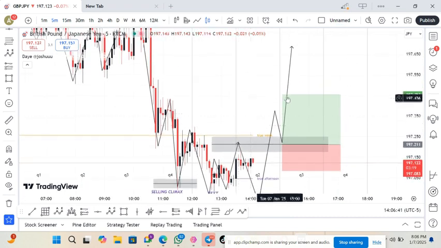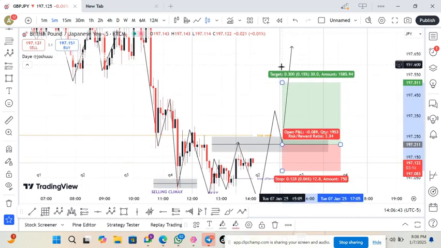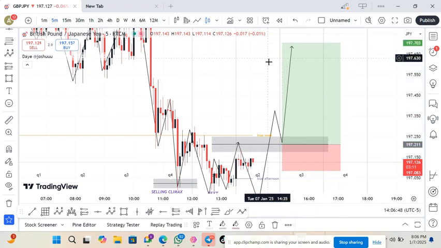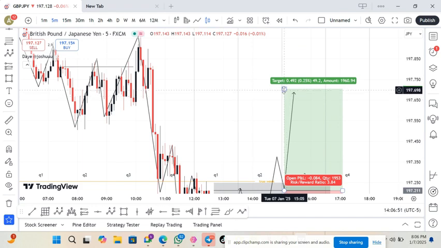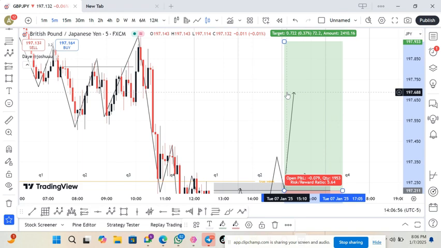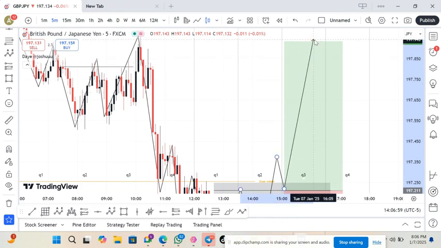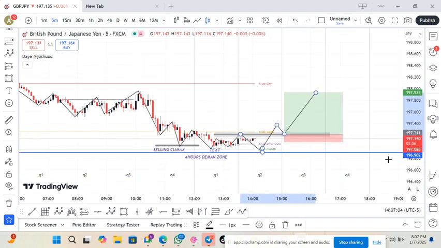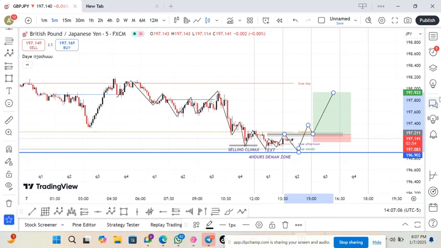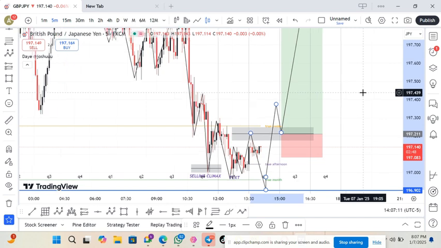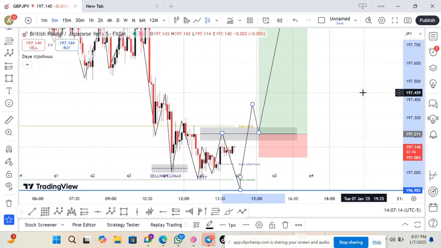You can see that the first thing I did is to make sure that my weekly is bullish, my daily is bullish, my 4 hours is bullish, but my 4 hours is making a retracement back to the demand zone. So the retracement of the 4 hours causes what? It causes the bearish move on the lower time frame. So now our reversal is based on the lower time frame bearishness. So how do we take the reversal back to the upside?